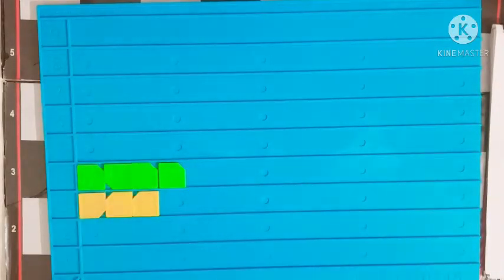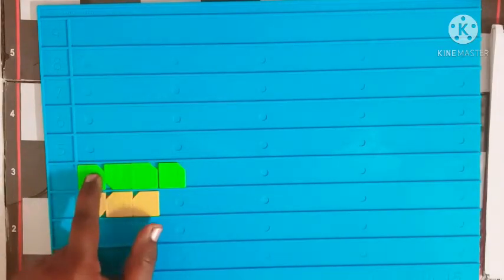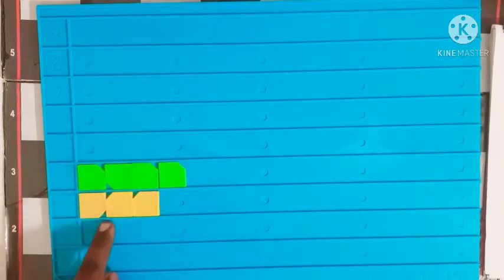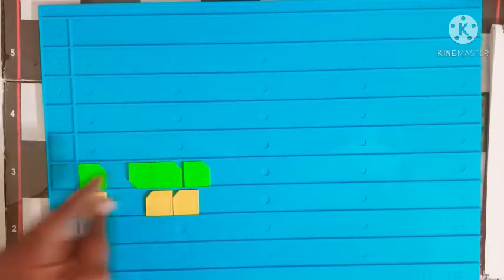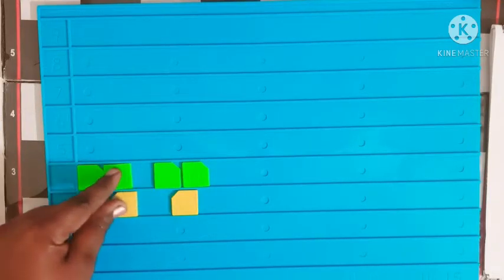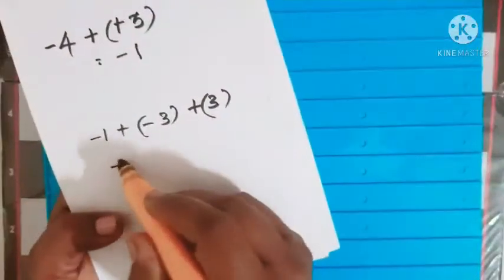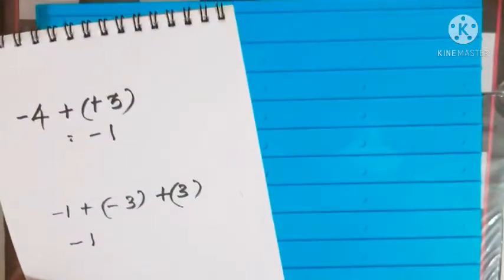Then +3: 1, 2, 3. Same way we can do it. How will you do it? So here you get -1 and -3 plus 3. So I can pair it, isn't it? So how do I pair it? 1, 2, 3. Again my answer is -1.